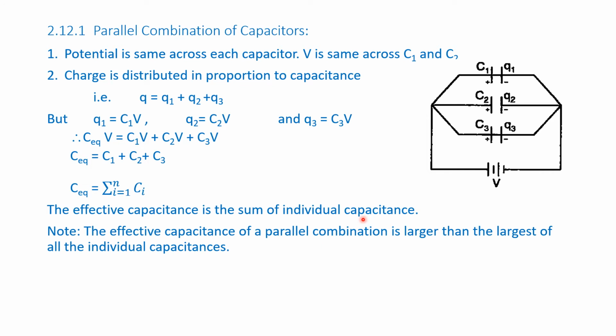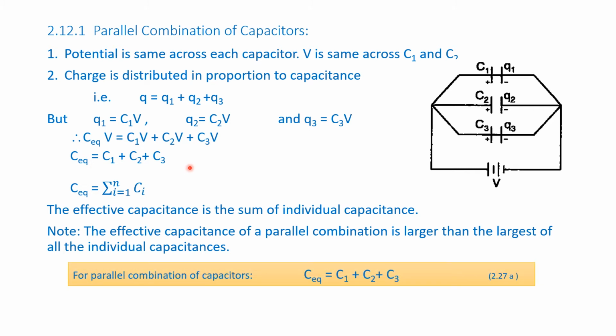Please note that the effective capacitance of a parallel combination is larger than the largest of all the individual capacitances. Suppose amongst C1, C2 and C3, the value of C2 is largest, then the total value of C equivalent will be larger than the largest.